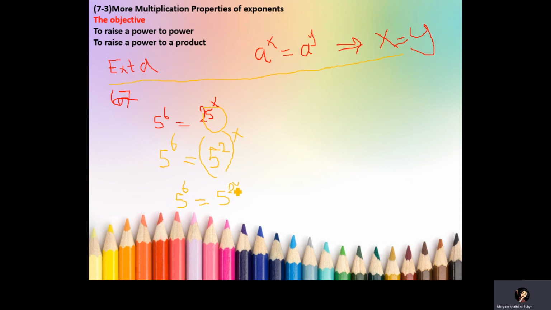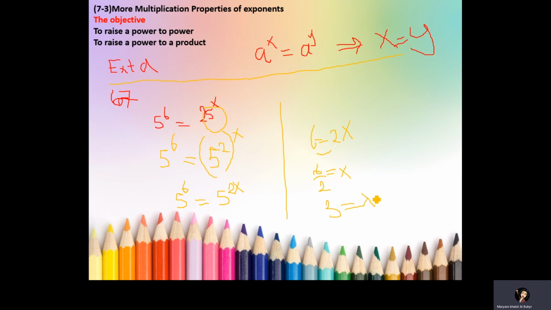That means this value up here is exactly the same as this value. So that means 6 equals 2x. I want to find x alone, so just divide by 2. So 6 over 2 equals x. So that is 3 equals x.